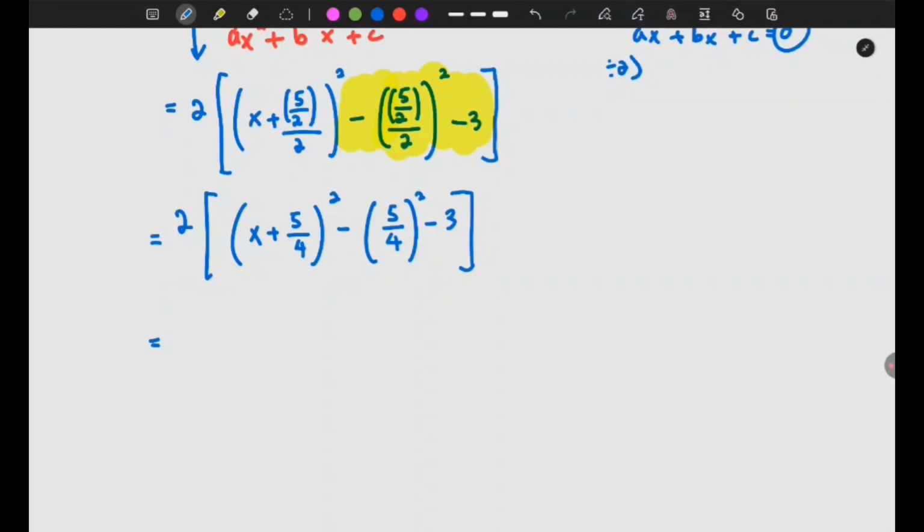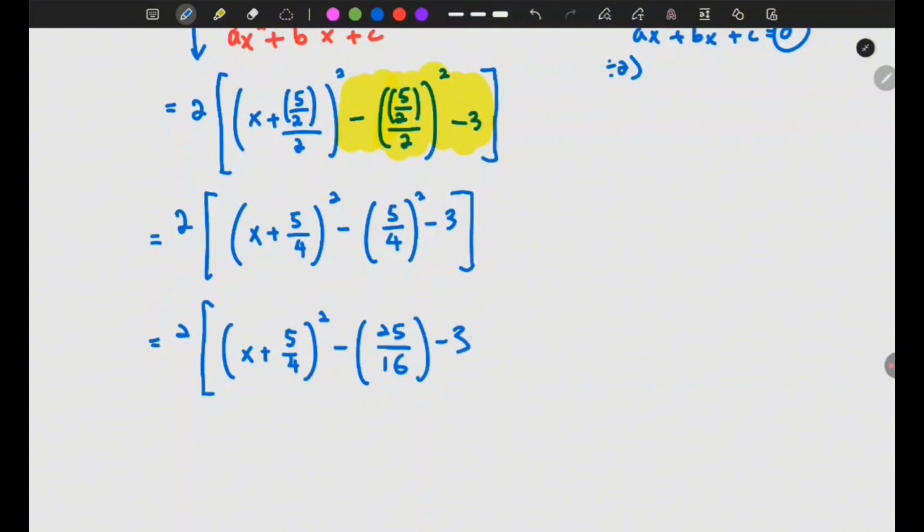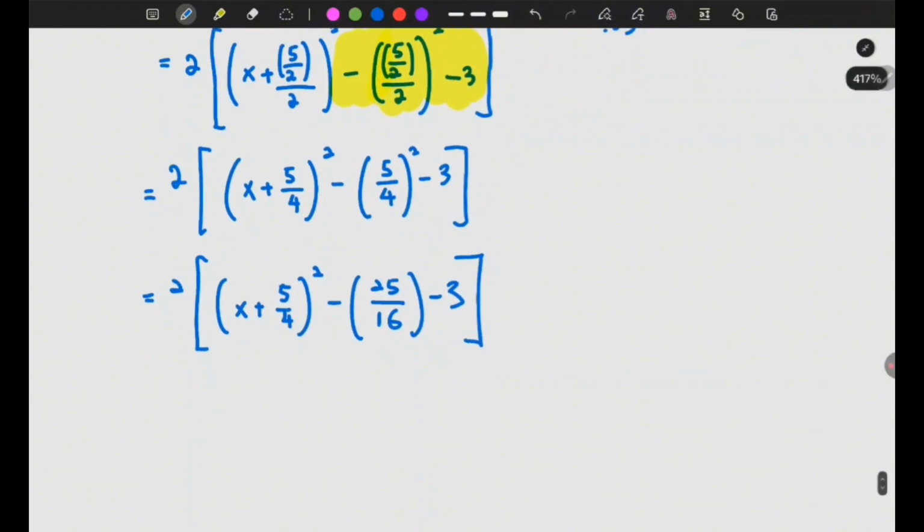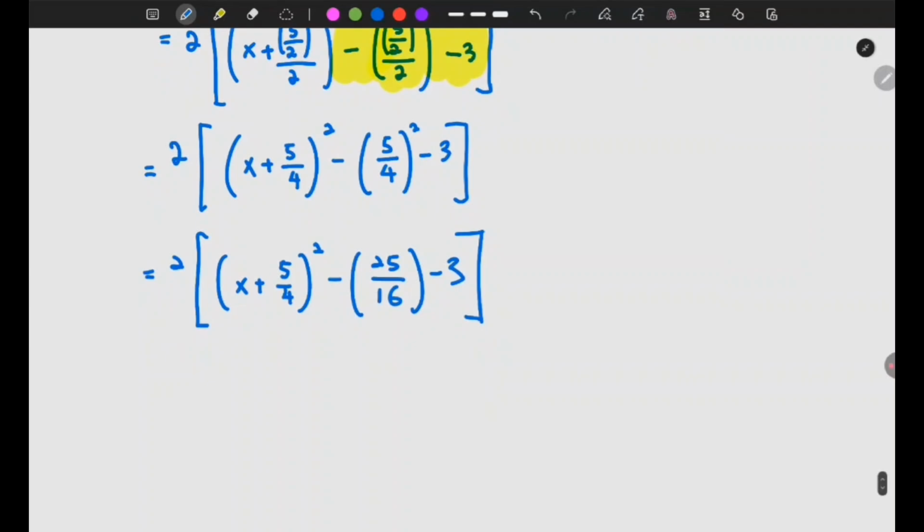Oh, my bad. I forgot to put the bracket. And you can press this entire thing in your calculator. Sorry guys, my internet was lagging just now. Okay, continue. So negative 25 over 16. Minus the 3, you get negative 73 over 16.